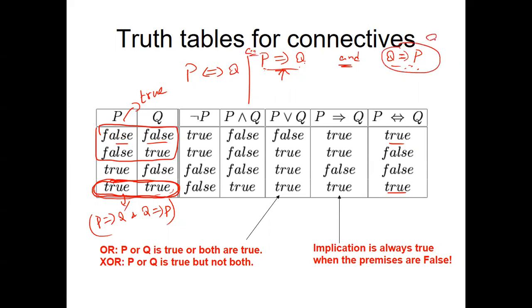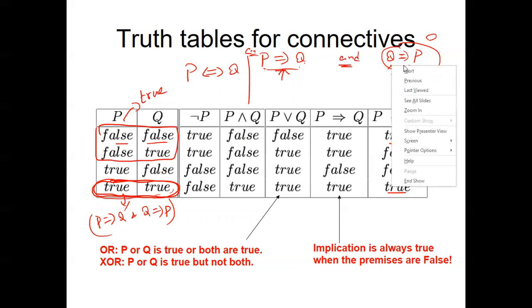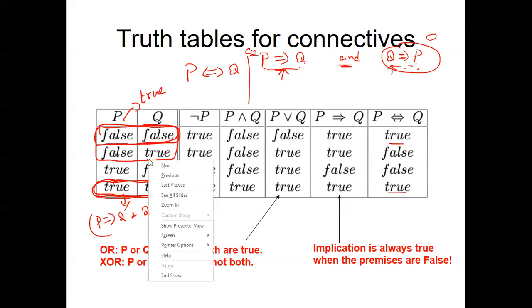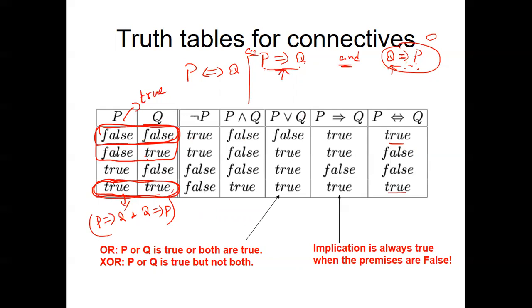Q implies P. So what does Q implies P mean? We have already discussed the case of Q is true. Now what if Q is false? If Q is false, P can be anything, right? This first one satisfies that. But this one, if you see here, Q is true but P is false.